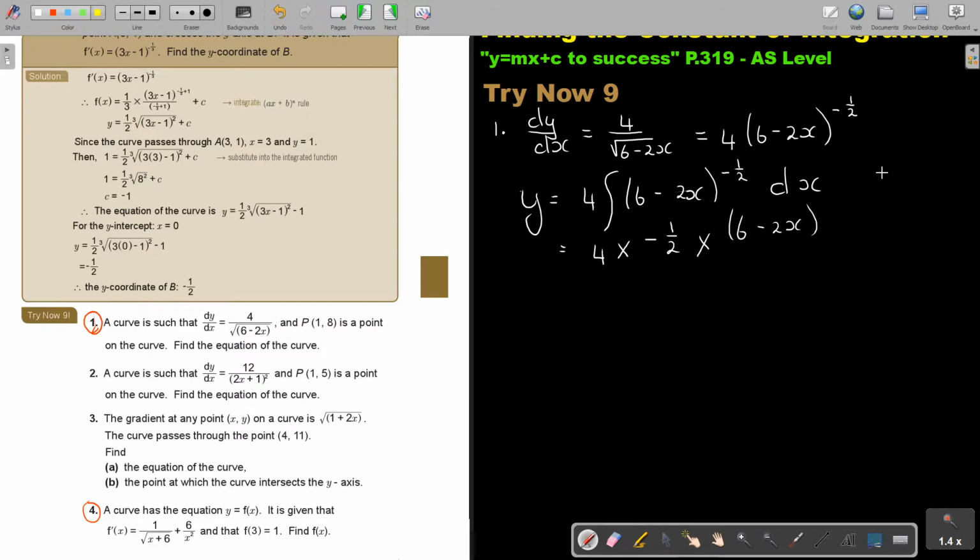And now it's going to be negative a half plus 2 over 2, which is going to give me a half. And then I divide by that half. And then I don't forget to write plus c. So remember, this will give me negative 2. Do you see that? So if I multiply, I will get negative 2, but multiply by that reciprocal, which will be 2 over 1.